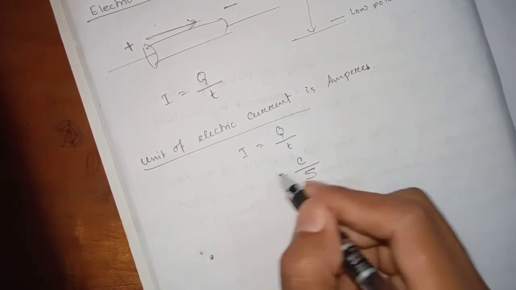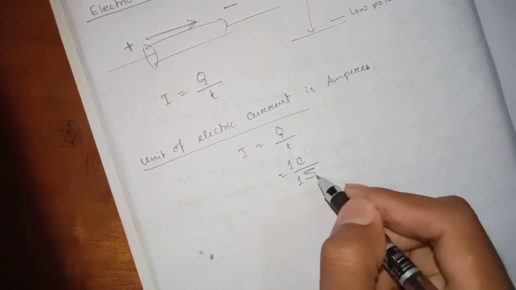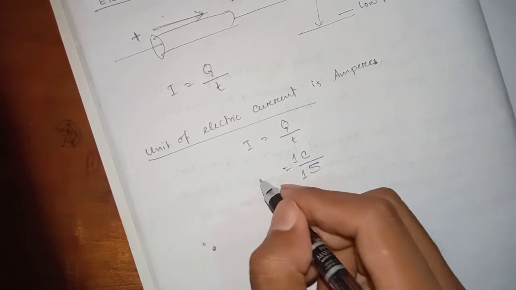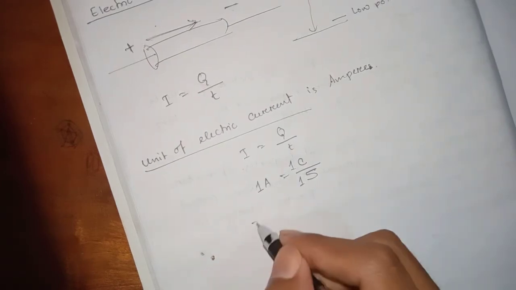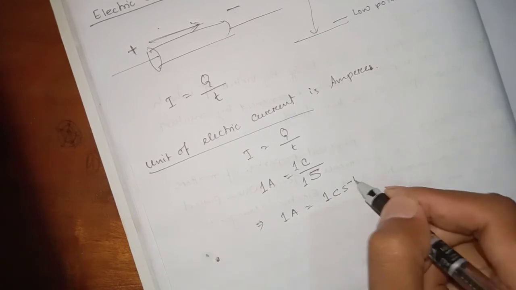Therefore, 1 ampere is equal to 1 coulomb per second.